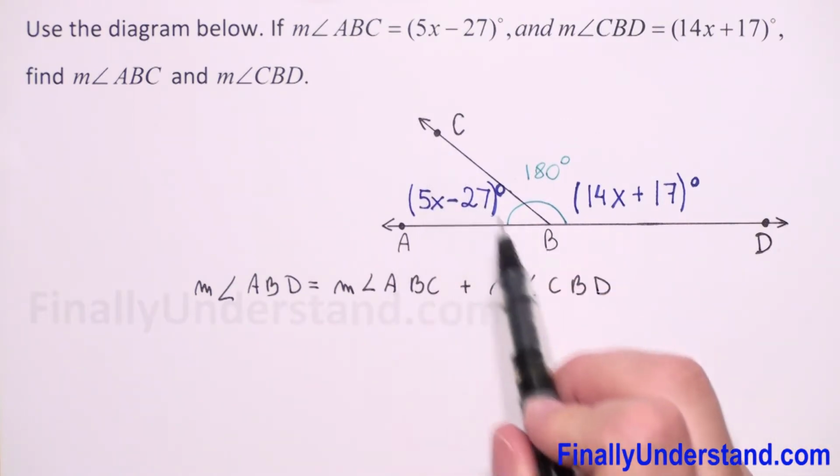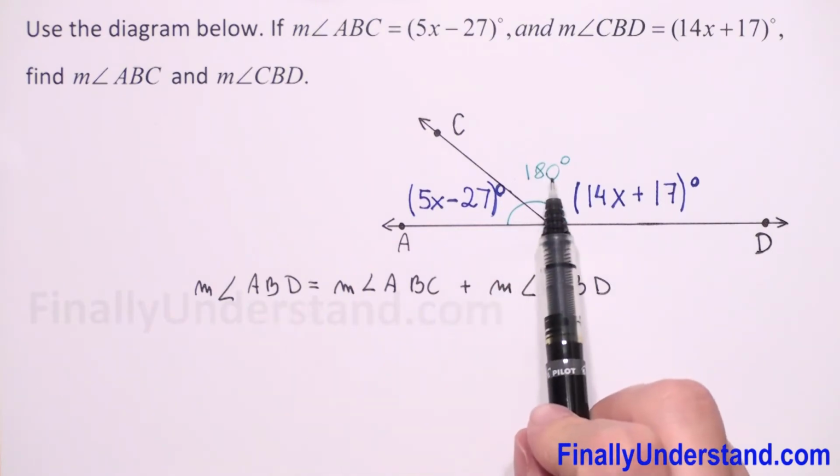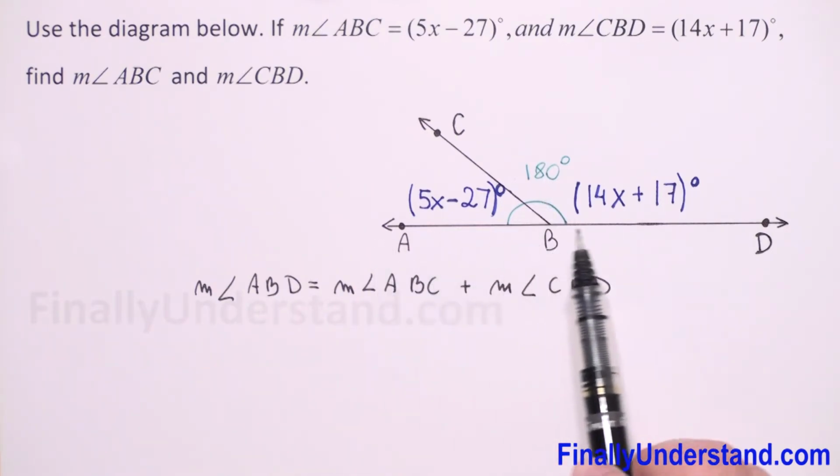ABC plus CBD. So now we can substitute the measure of angle ABD by 180 degrees because this angle is a straight angle.